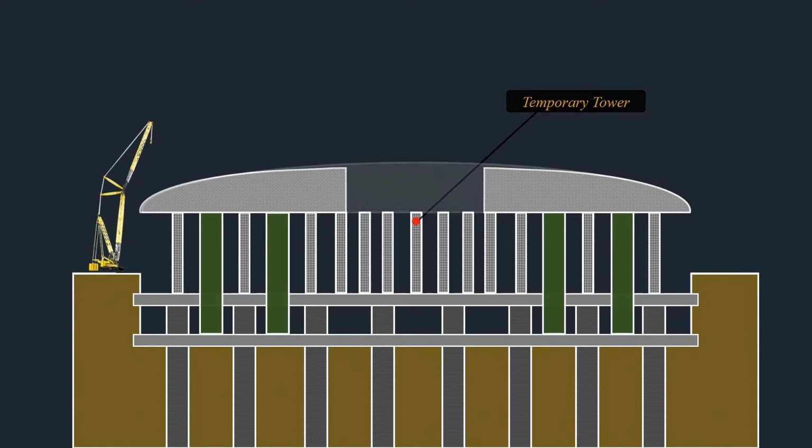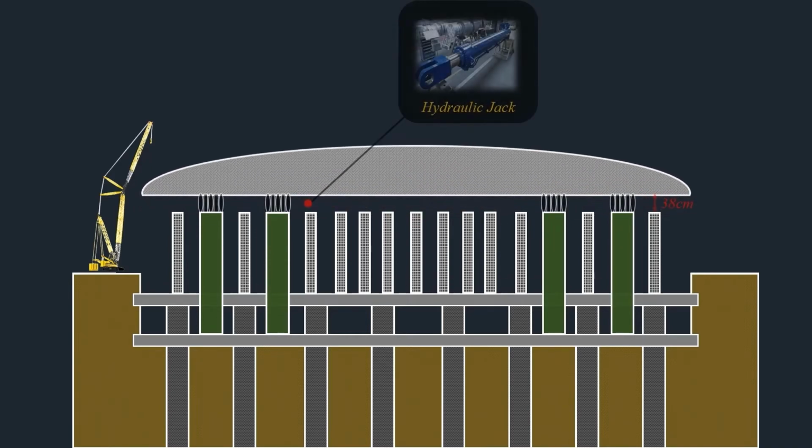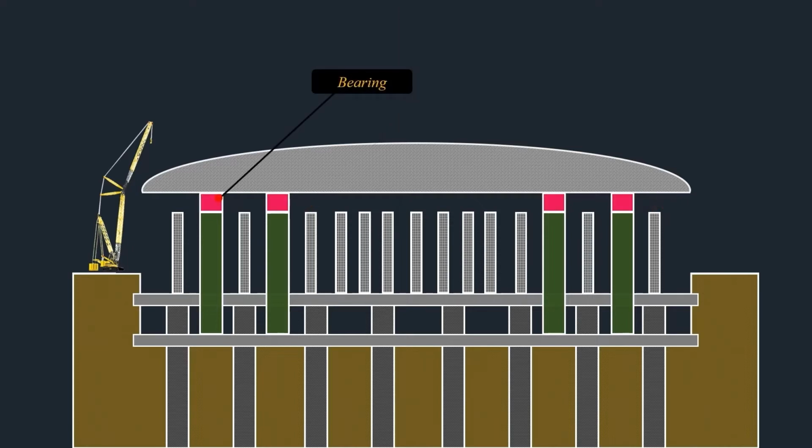After all the dome structures were connected, the dome was lifted 38 cm using 32 hydraulic jacks with a lifting capacity of 310 tons. After the dome structure was raised, temporary joints were removed and 4 6-ton bearings were installed to serve as permanent supports.